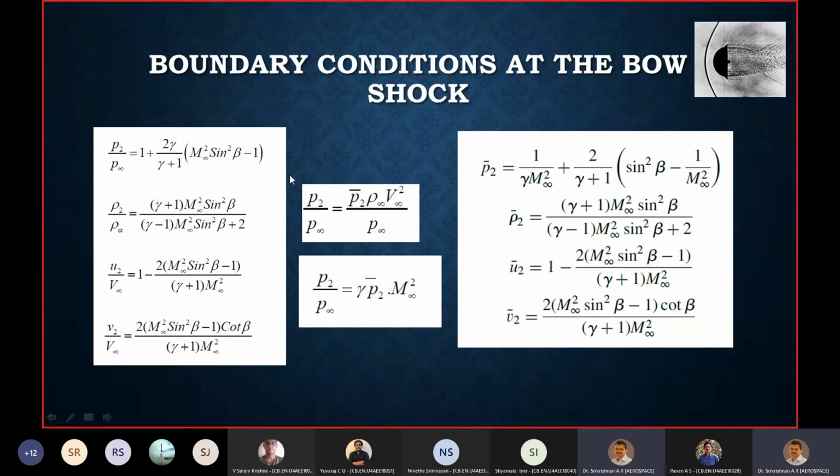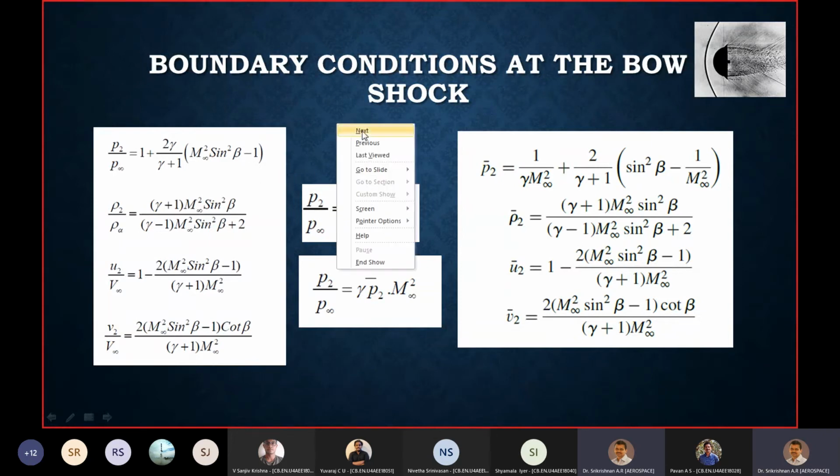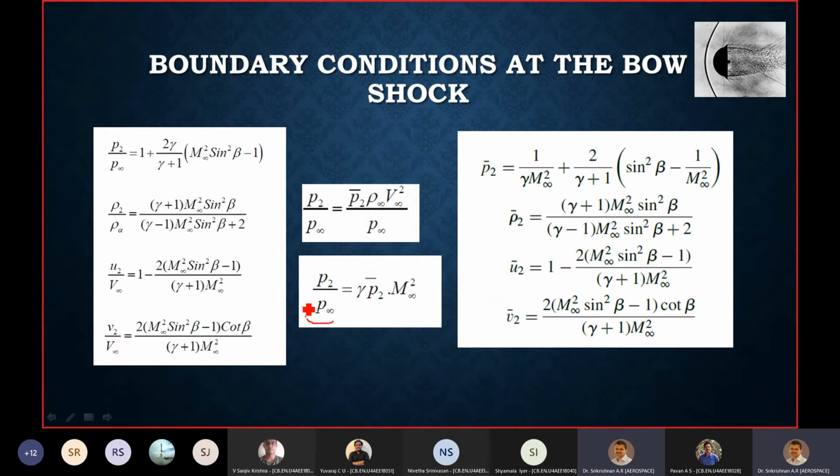Since we have a slightly different non-dimensionalization for P2, we can still derive it in terms of P2 by P infinity as gamma P dash M infinity squared, based on this relation. It can also be written in terms of P bar, the non-dimensionalized form for pressure with the division of rho V infinity squared. Okay, so now look at these relations.